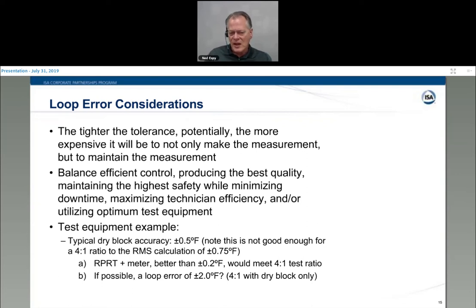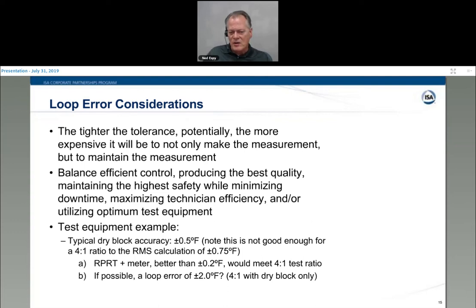And just as an example, since we've been talking about temperature, a good dry block, one that you can buy just about anywhere, in general is within half a degree, and it depends on the actual temperature. Higher temperatures are not this good.